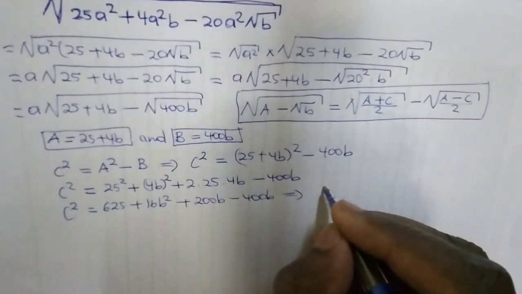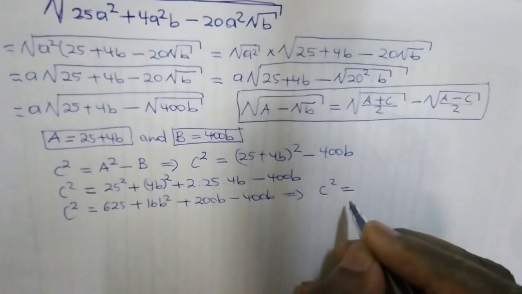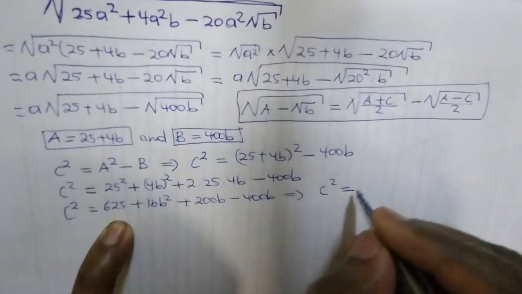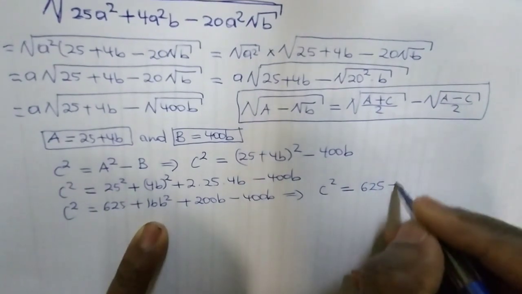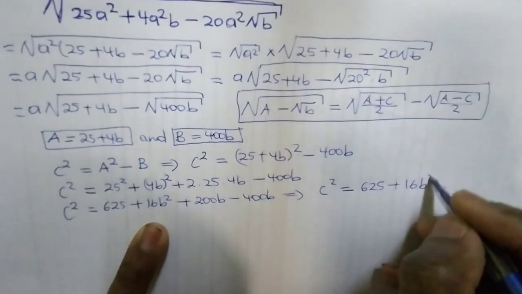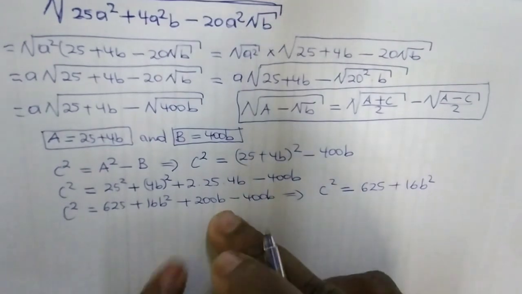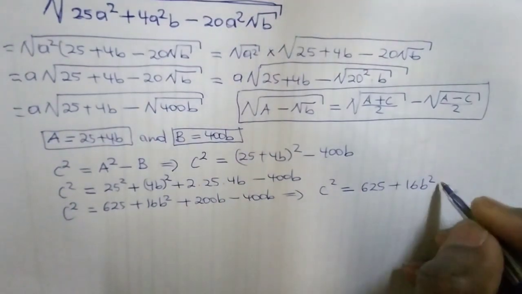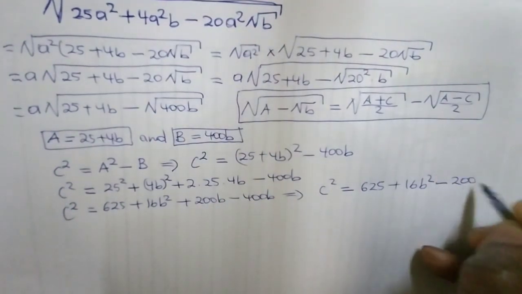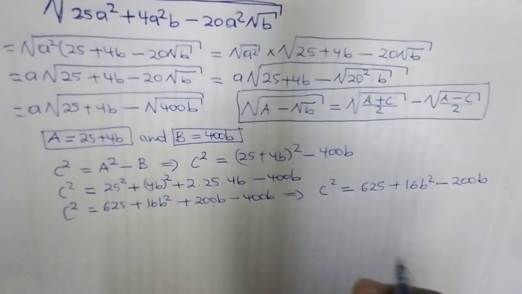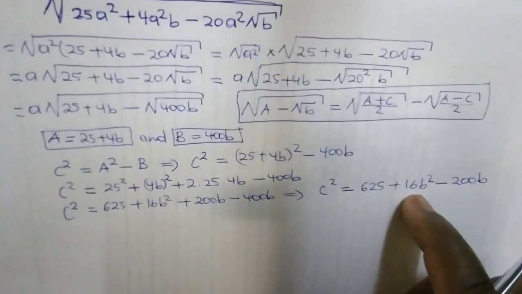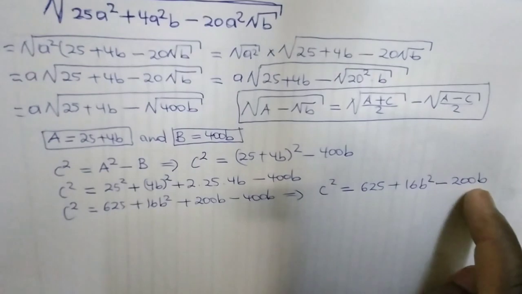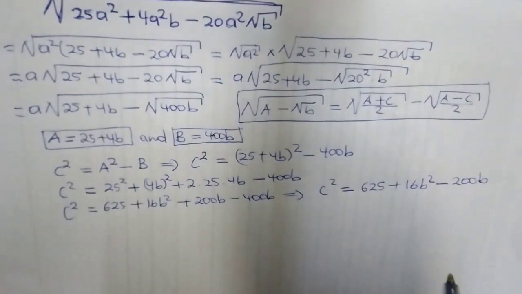This implies that c squared will be equal to 625 plus 16b squared, 200b minus 400b, this is minus 200b. Ladies and gentlemen, this expression here is a perfect square. This 625 plus 16b squared minus 200b is a perfect square.